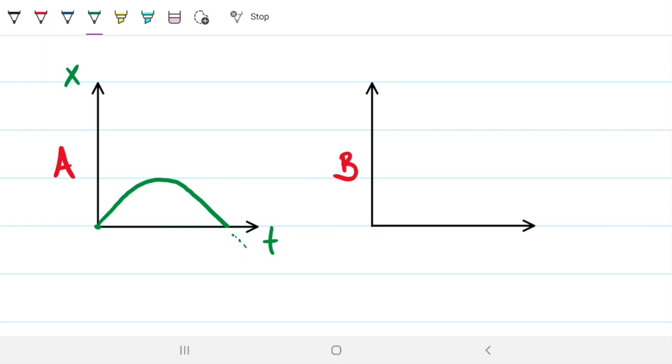Okay, B on the other hand is already starting at a position of 950, so it's starting up here, and its velocity is negative, so it's going to start going downwards, right? But then its acceleration is trying to make it go upwards, and then eventually kicks in, and then it keeps going upwards.